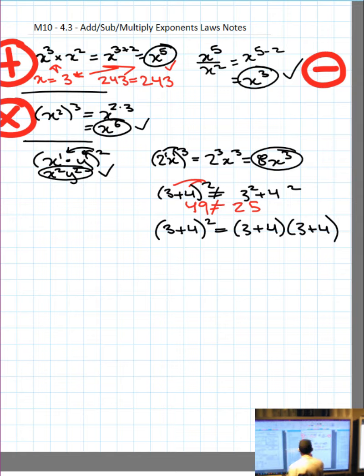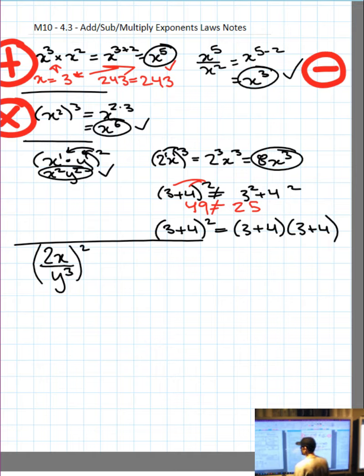So we have 2x. Notice I don't start above where my stuff off to the right finishes, so it always looks perfect. Either way, 2x over y cubed, all squared. Well, 2 on the top has an exponent of 1, x on the top has an exponent of 1, and we can multiply the exponents, the 2 by the 1, and the 3.